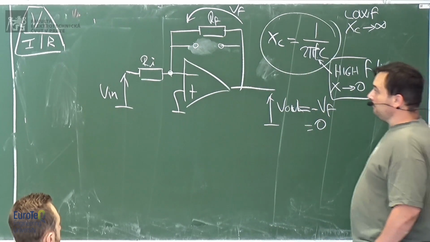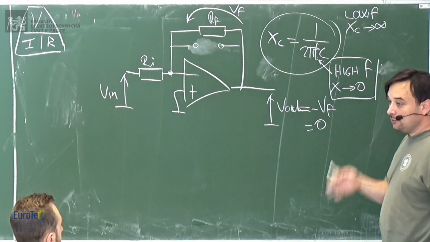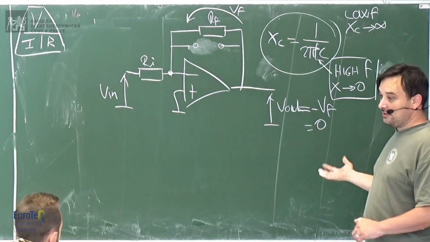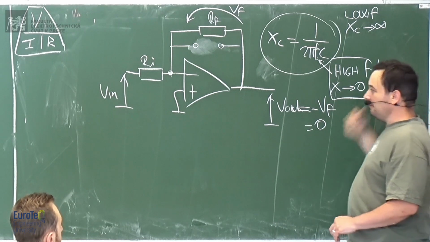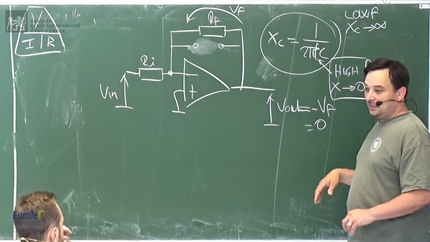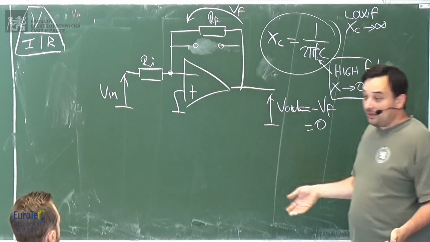So if you put a capacitor here, it will suppress the high frequencies. Very often you have a lot of unwanted frequency content at the input and you want to cut it away, and you have a simple inverting amplifier like that.